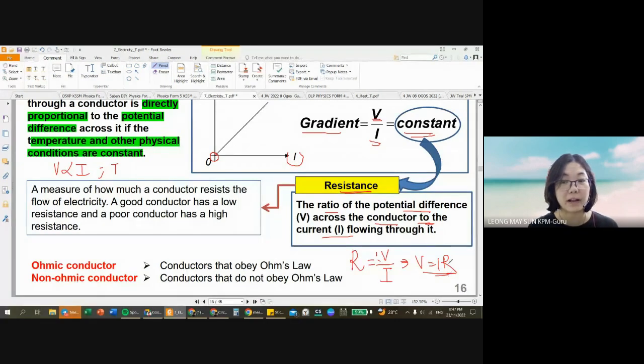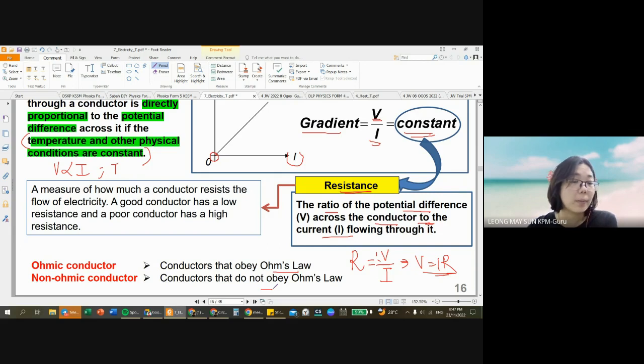Okay, so I hope I clarified this for you guys. Now, ohmic conductor. An ohmic conductor obeys Ohm's law. Why does it obey? Because the temperature and other physical conditions are constant, the potential difference is directly proportionate to the current. A non-ohmic conductor does not obey Ohm's law.